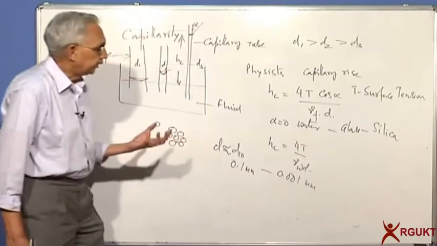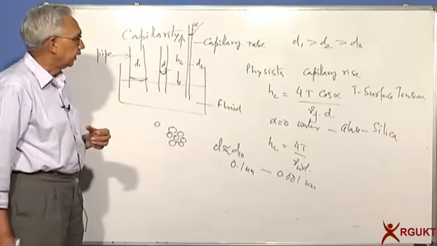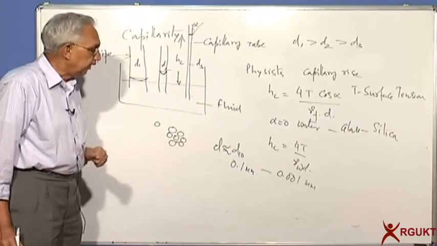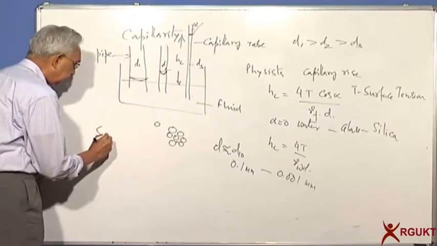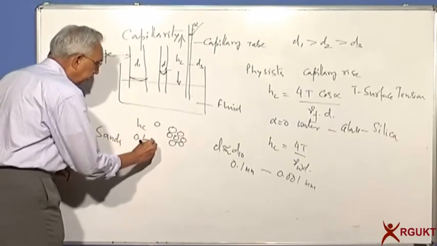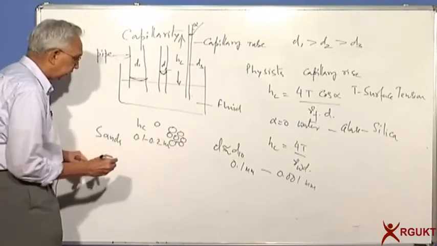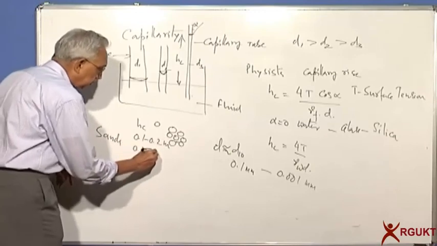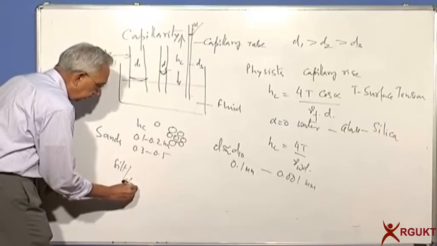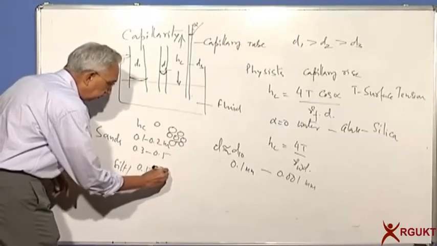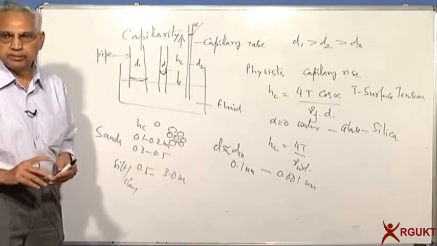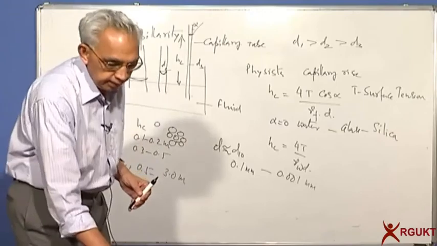And that gives rise to an enormous increase in capillary rise in case of silts and clays. In case of sands, Hc can be of the order of only 0.1 to 0.2 meters. Coarse sand, fine sand may be around 0.3 to 0.5. In case of silt and clay, it can vary from 0.5 to maybe even 3 meters. You find that the water rises very high in the clays.